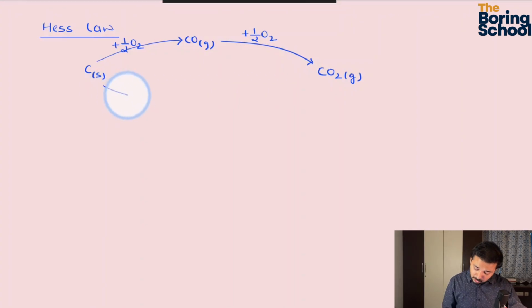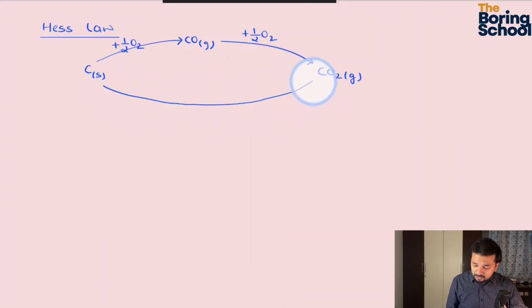Another way to convert carbon solid to carbon dioxide is by direct addition of 1 mole of O2. So these are two paths by which carbon solid can be converted to carbon dioxide.